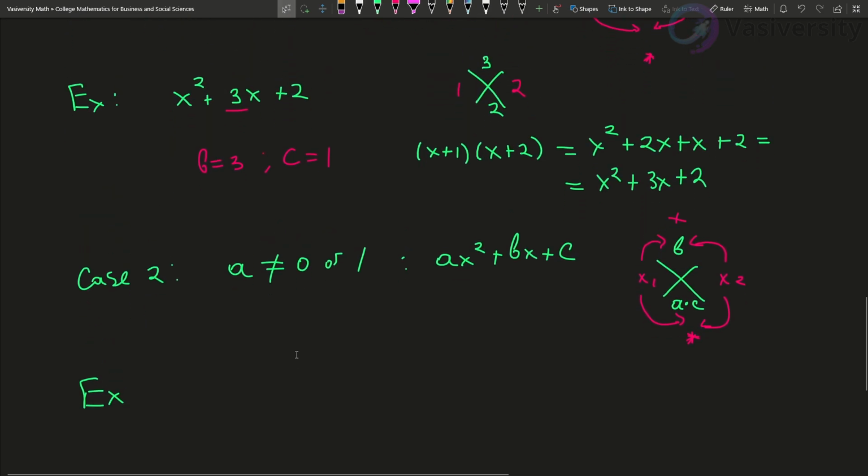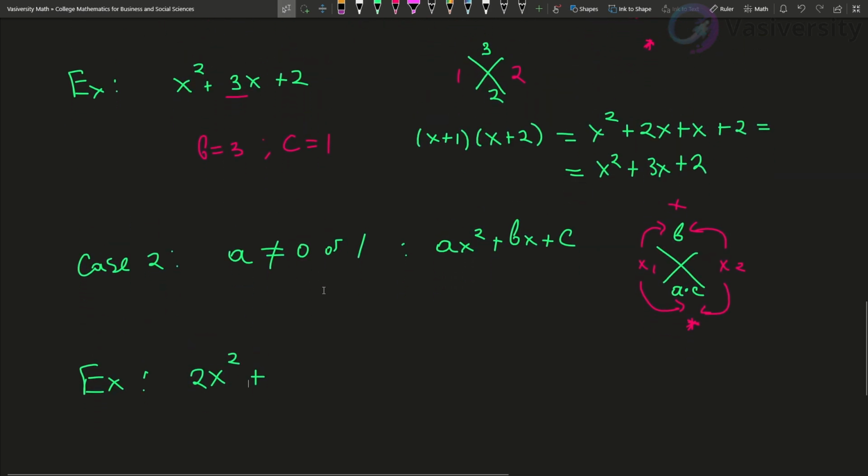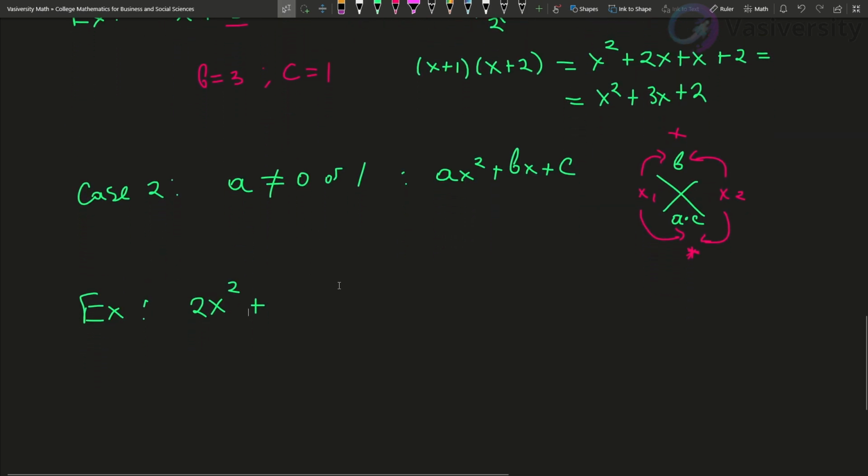So let's go ahead and have an example here: 2x squared plus 5x plus 2.